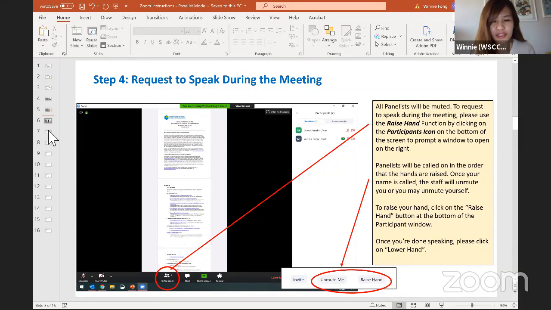I'm hoping this format works. And once I see people raise their hands, it'll go in the order that people click on the button. And once you're done speaking, we just ask you to lower your hand. And then I can unmute you, or you can unmute yourself once your name is called on.